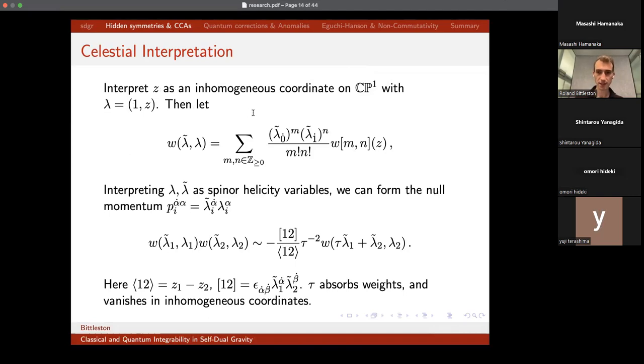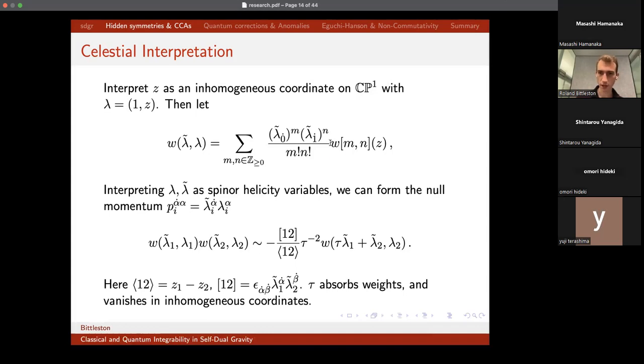Then I'm going to take these generators, W_MN, that I mentioned before, and introduce some auxiliary variables, lambda tilde 0 dot and lambda tilde 1 dot. These have suggestively got 0 dot and 1 dot indices to indicate that they're going to transform under right-handed rotations. I'm going to organize them into a generating function, which I now think of as depending on the right-handed spinor lambda tilde and a left-handed spinor lambda.